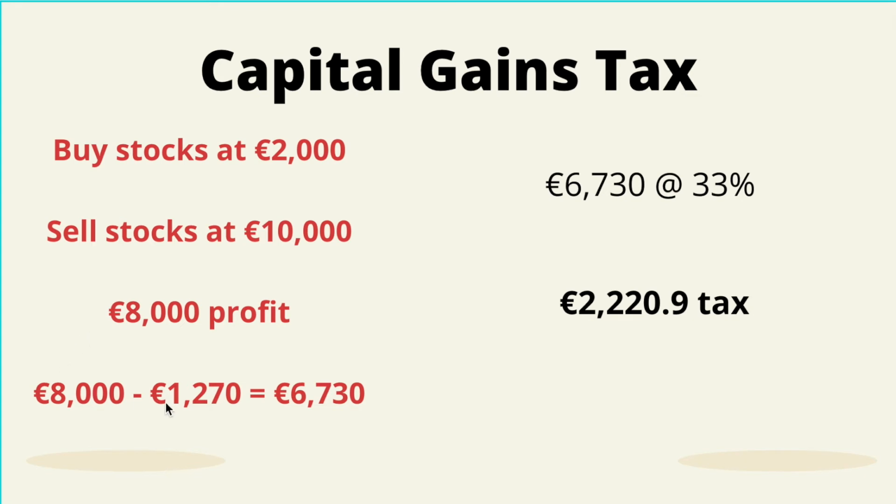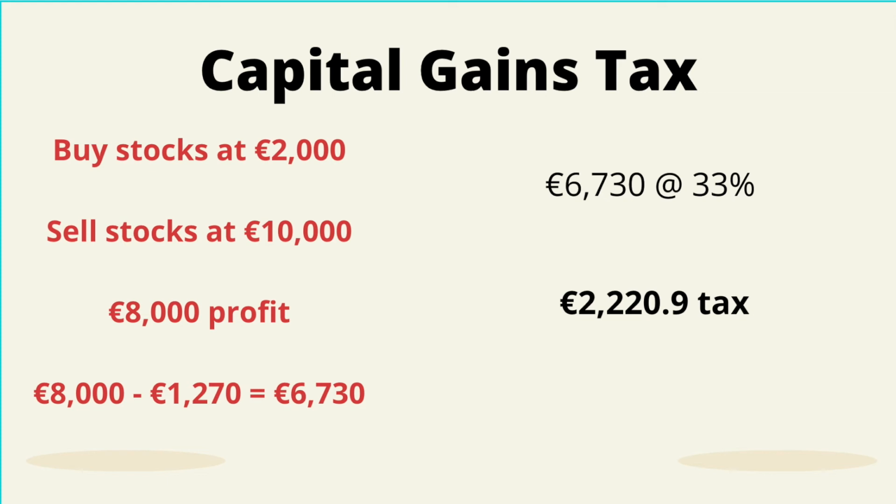But we can take our €1,270 exemption for the year away from our €8,000 profit, leaving us €6,730, which is taxable at 33%. That works out at about €2,220.90 that we have to pay to the government. So really, after that investment, you're left with about €5,800 profit.